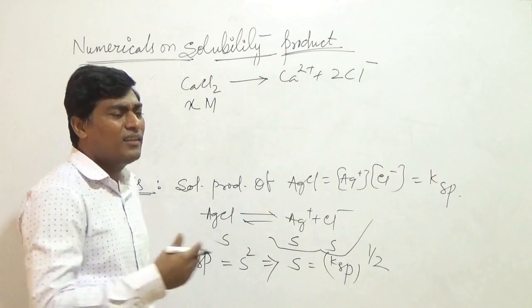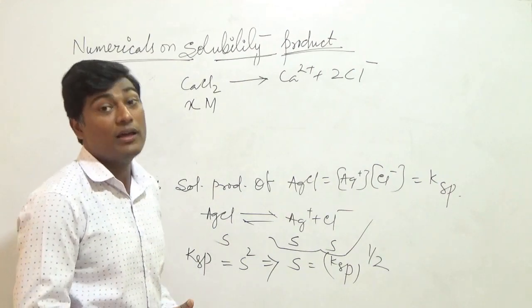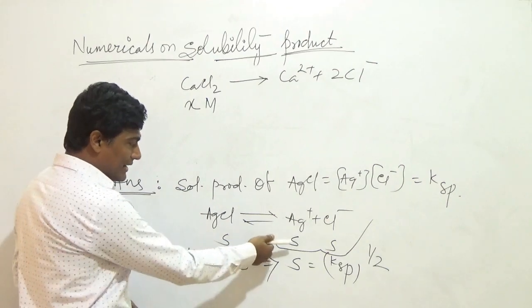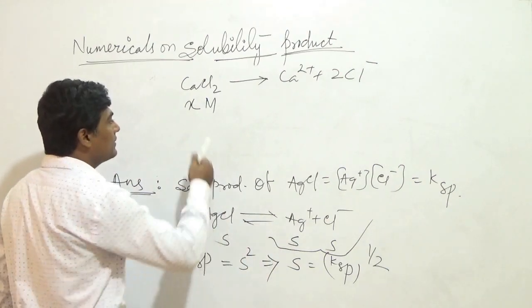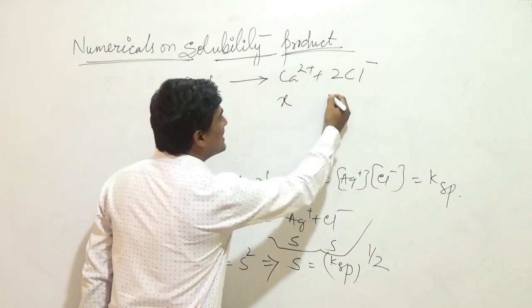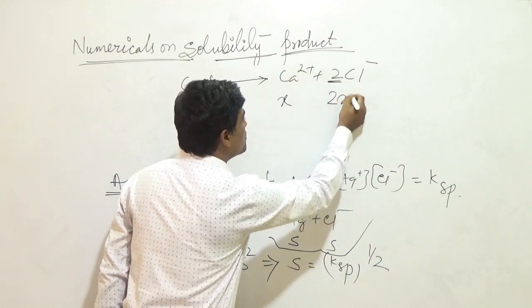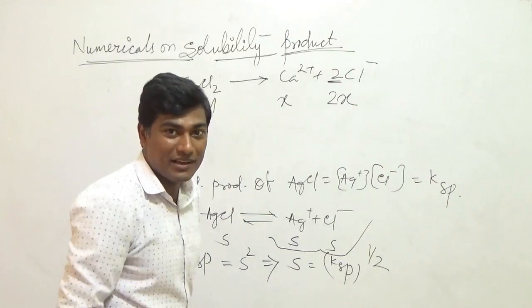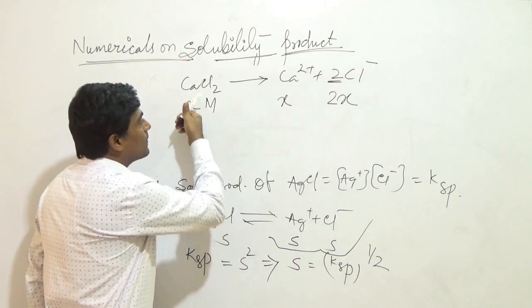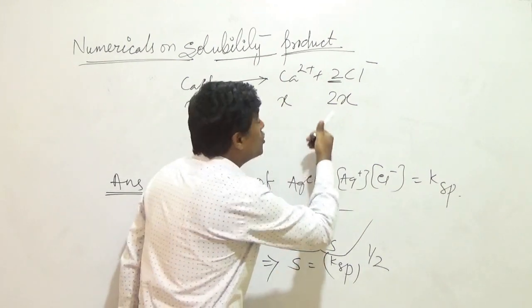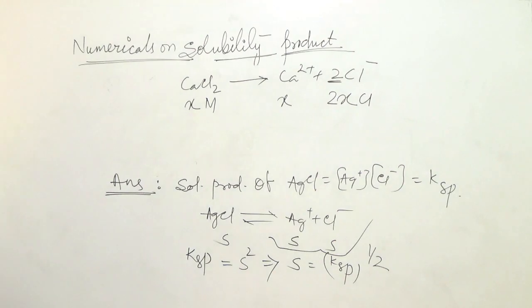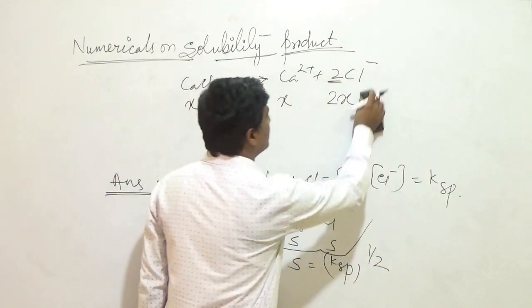For X you can take in numericals 2 molar, 3 molar, 4 molar like this. So X mole is present. Similarly, like the dissociation pattern, as we did in ionic equilibrium, X molar of calcium chloride will give X molar of Ca2+ and 2X molar of Cl−.